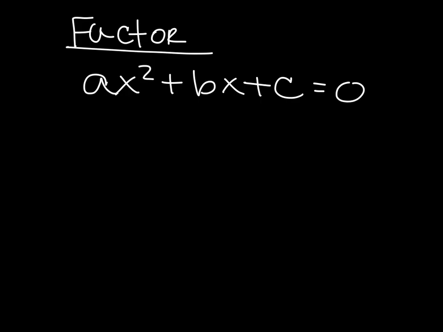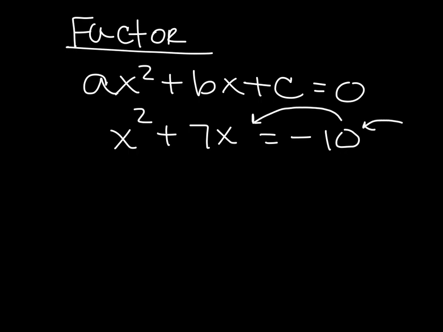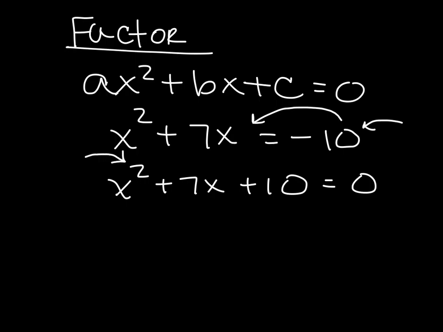For instance, if I gave you this one, it's not equal to 0, but we can fix that simply by moving the 10 to the other side. And now it's in the form of a quadratic equation. This one is factorable, and all of these quadratic equations, since they are quadratic, will be trinomials.